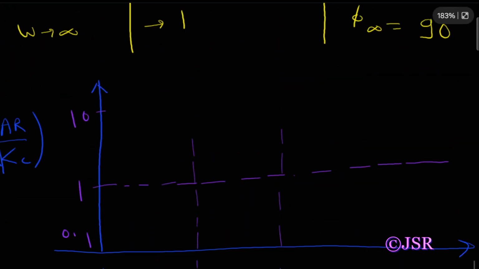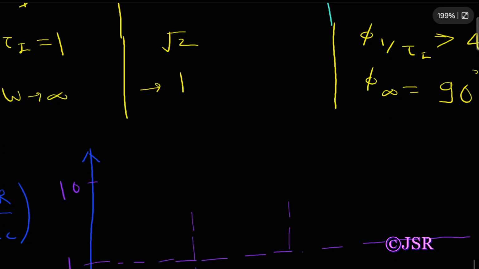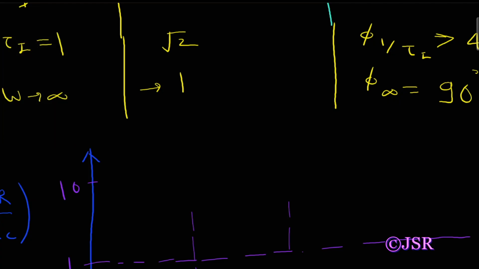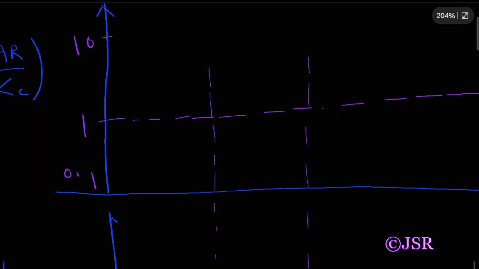So when omega tends to 0, AR by KC is equal to 1 upon omega tau I. So in this case we will have a line which will have a slope of minus 1.